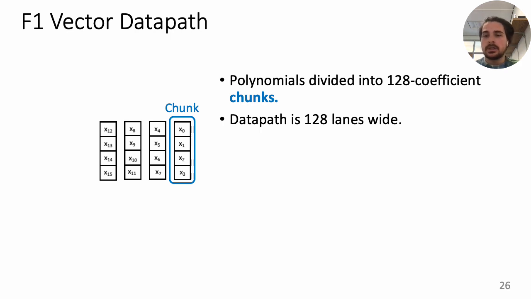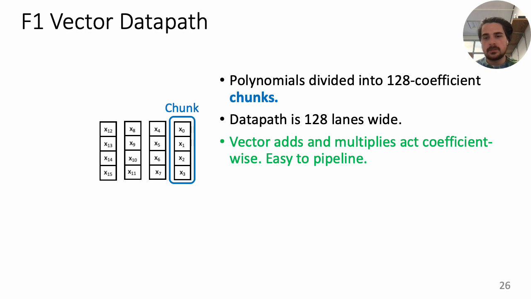The slide here illustrates dividing the 16 coefficient polynomial into 4 chunks, each holding 4 coefficients. The vector add and multiply units are easy to implement with this data path because they operate coefficient-wise on the residue polynomials. This means we can process data independently, chunk by chunk.